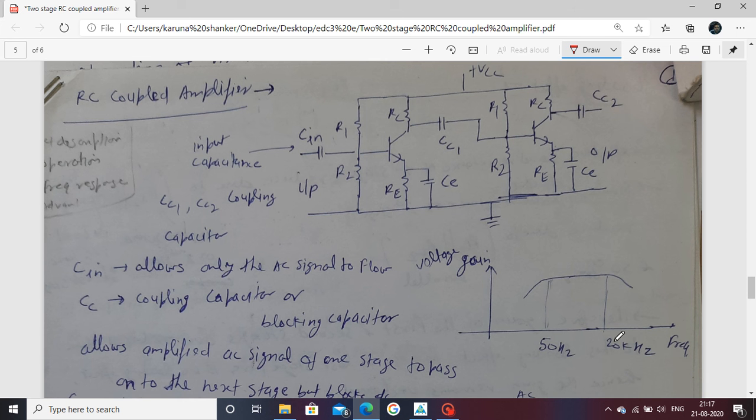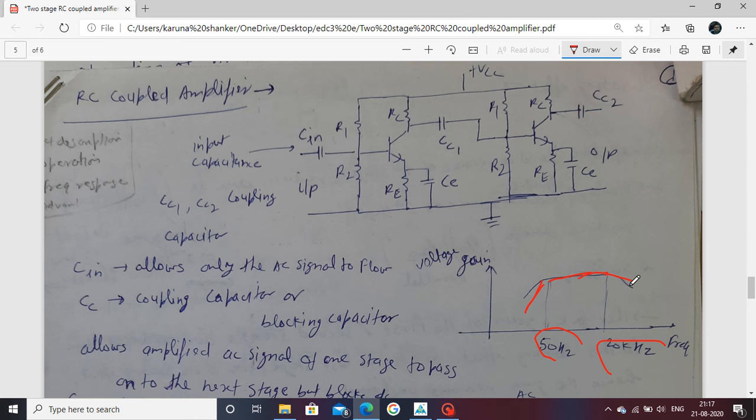Here, the x-axis is the frequency and the y-axis is the voltage gain. You see some ranges also mentioned there. You very well know the frequency range is 20 Hz to 20 kHz. Between this range, from lower frequency to higher frequency, the voltage gain is constant. Below 50 Hz, in the lower frequency region, it decreases, and above the higher frequency the voltage gain also decreases.